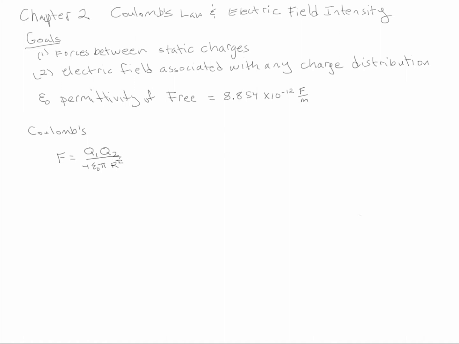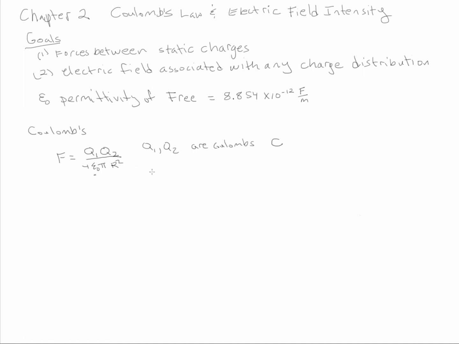The charges Q1 and Q2 are in coulombs, represented by a capital C. And like I said, R is the separation between them, and this is the permittivity of free space.